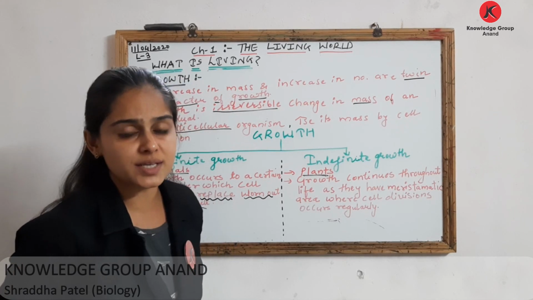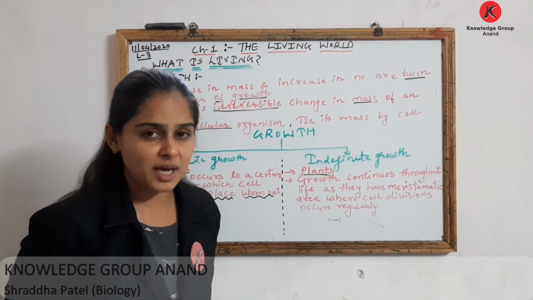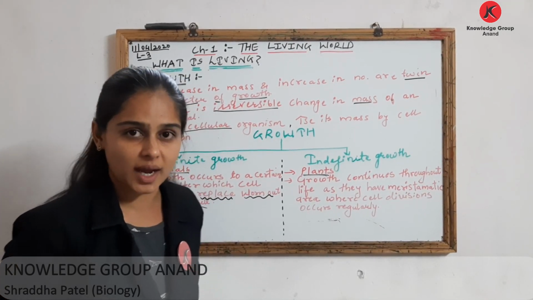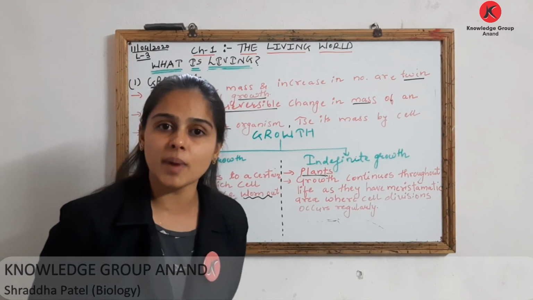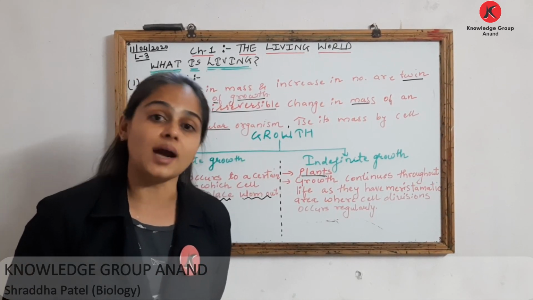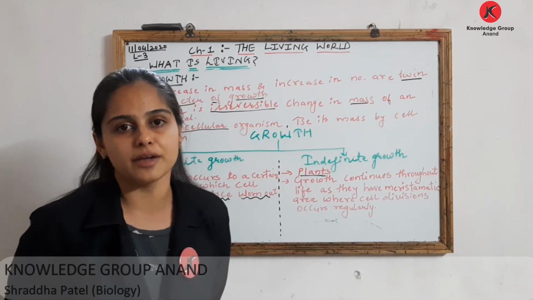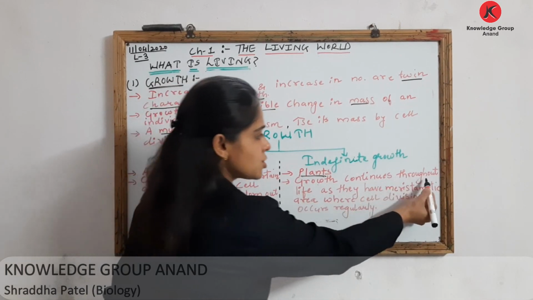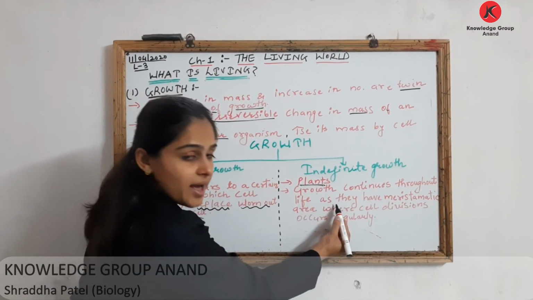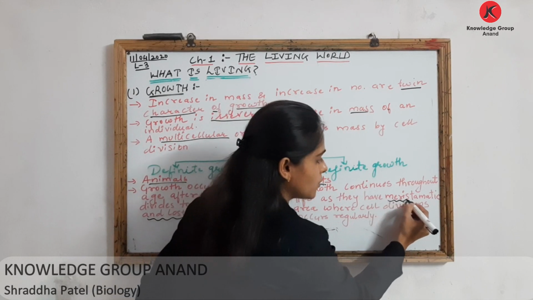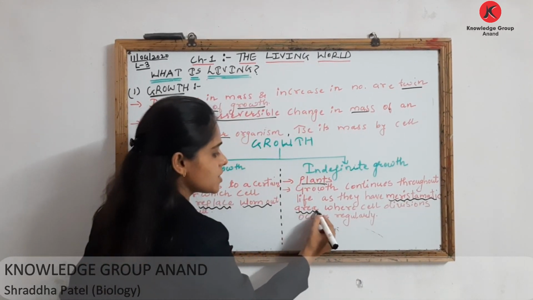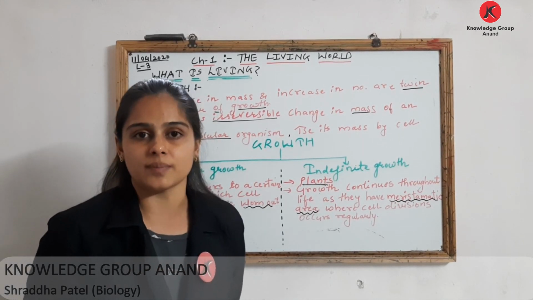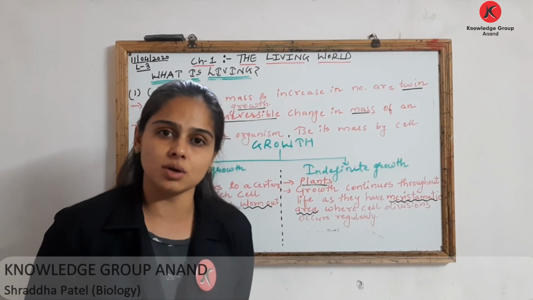You people have understood, I guess, in your previous class. प्लांट्स के पास होते हैं मेरिस्टेमेटिक जोन्स, मेरिस्टेमेटिक रीजियंस, नाम सुना होगा आपने, राइट? And due to this meristematic region, new cells are continuously being added lifelong. Okay, so what I have written: growth continues throughout life, why? As they have, see over here I have written, meristematic area. What is meristematic area? Meristematic tissue क्या होता है? Tissue comprises of cells, yes or no? Yes.